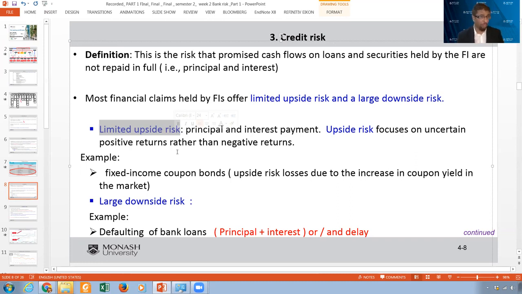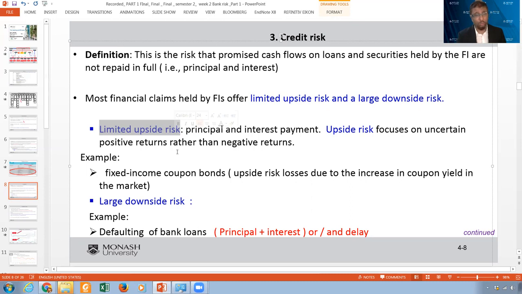The issuer will give you, say, a 5% coupon. But later on, after COVID, when the situation is improving, bonds with the same risk are paying 6% or 7%.